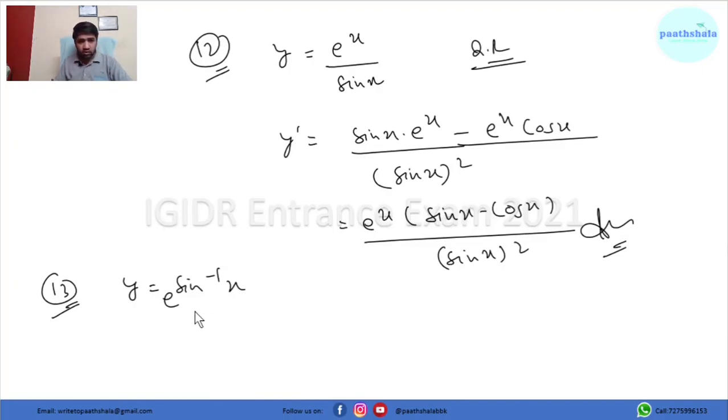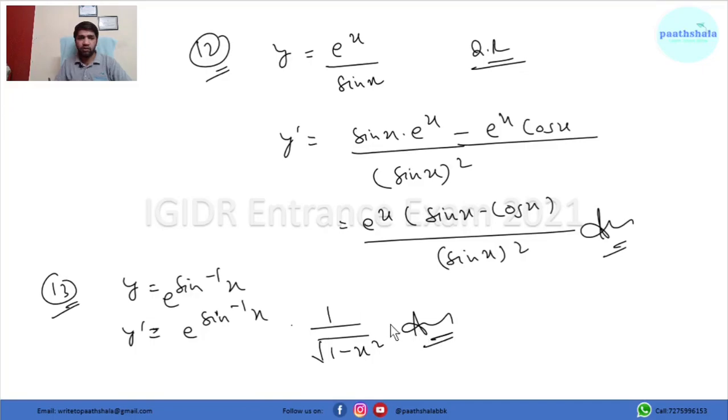So now differentiating this, as we know that the differentiation of e to the power x is e to the power x, so e to the power sin inverse x. But here it is not x, so we'll have to apply the chain rule. So we'll differentiate sin inverse x, and the differentiation of sin inverse x is 1 upon under root 1 minus x square. So this will be your final answer.